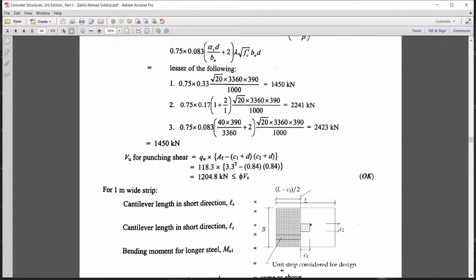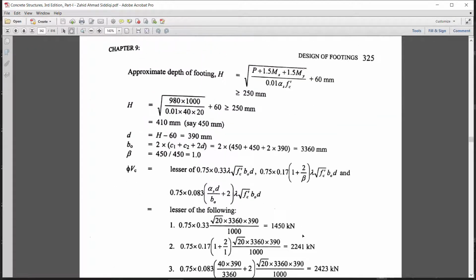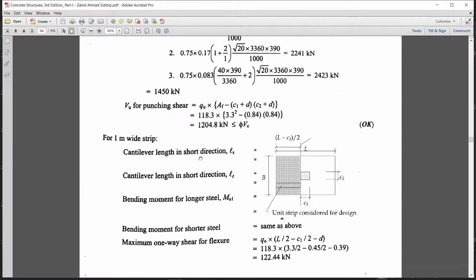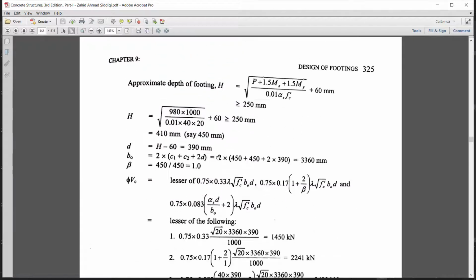So you can say C1 plus D and C2 plus D, you will get two lengths, then multiply with 2 to get the total perimeter, this length, this length, this length, this length. For all four lengths you get the perimeter b naught, 2 times C1 plus D plus C2 plus D. So the perimeter value is 3360 millimeter.